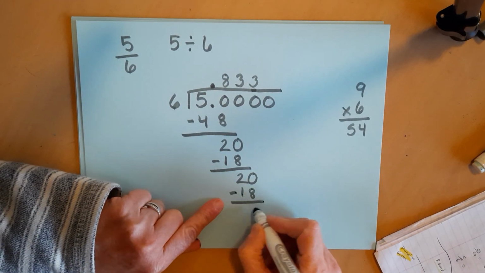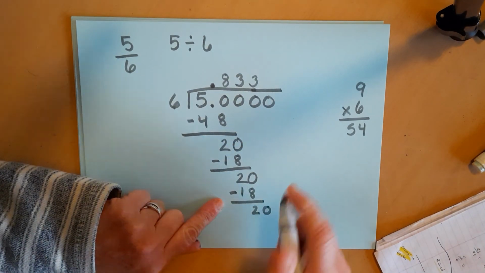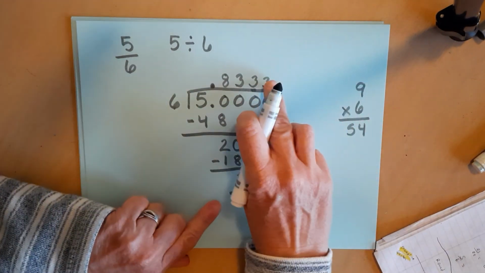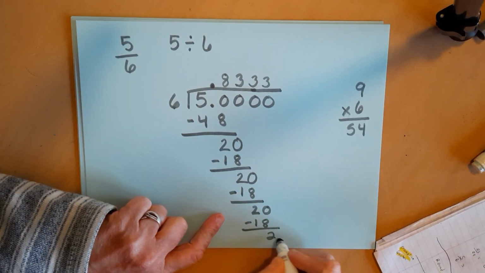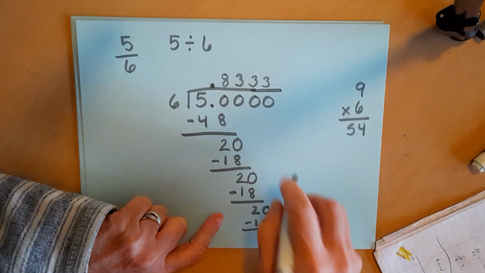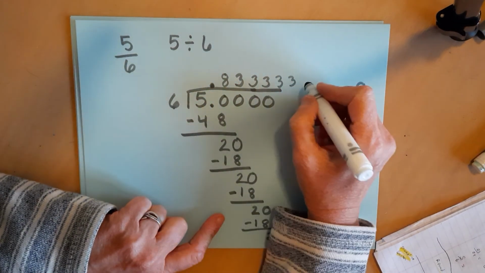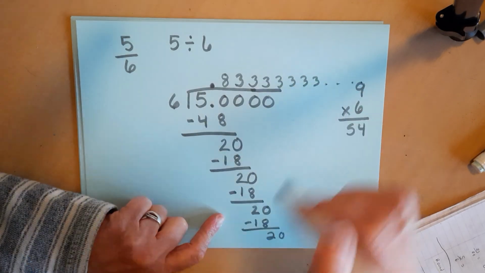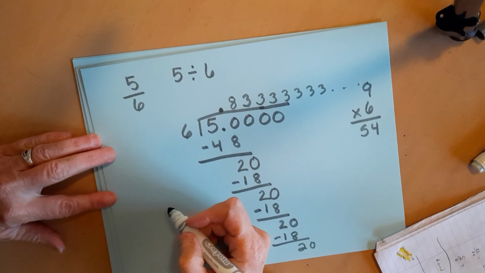When we subtract, we get a 2. We bring down the 0, we get 20 again. You can see that this will go on forever. Bring down another 0. It would go on and on forever. The number would be 0.8 with a bunch of 3's that go on. We can't just write it like that because we don't have enough paper, obviously.